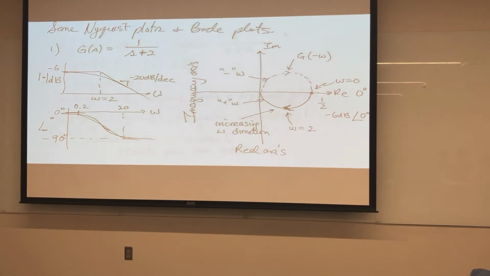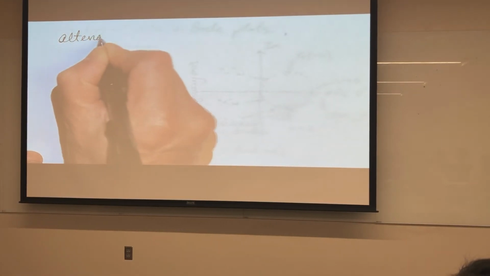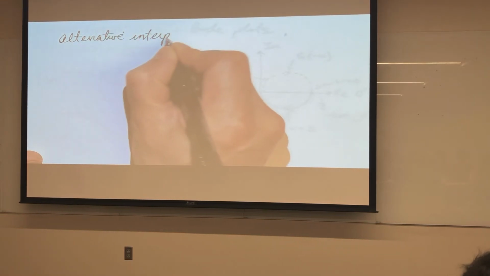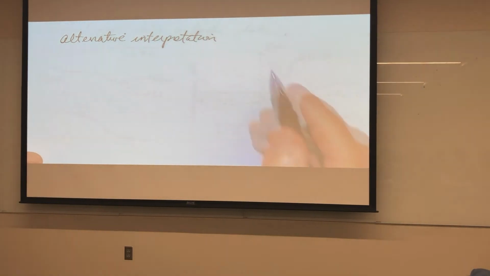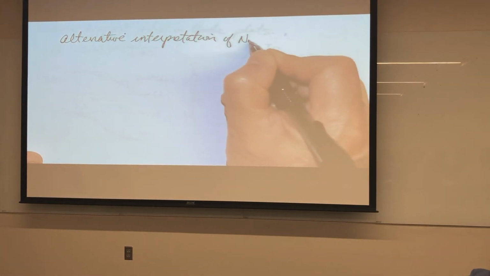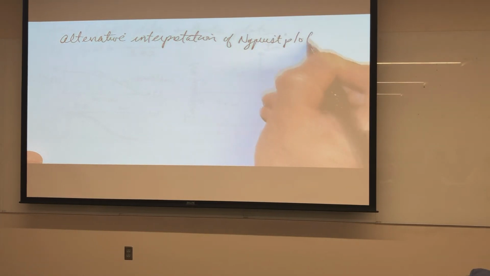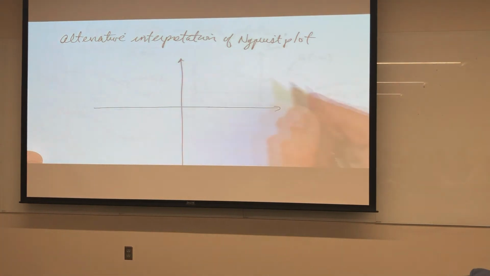So another way of interpreting a Nyquist diagram, after we look at this, is that it is a polar plot. This is an alternative interpretation of the Nyquist plot: to think of this as polar coordinates for the frequency response.